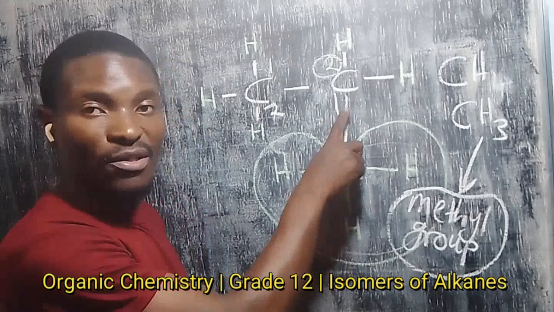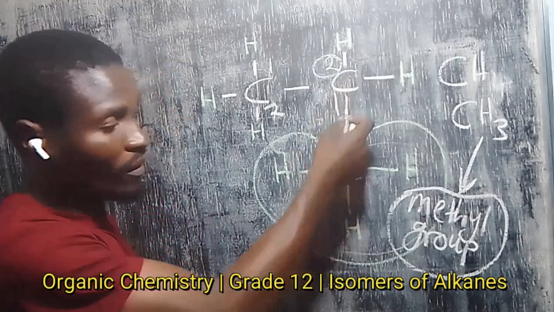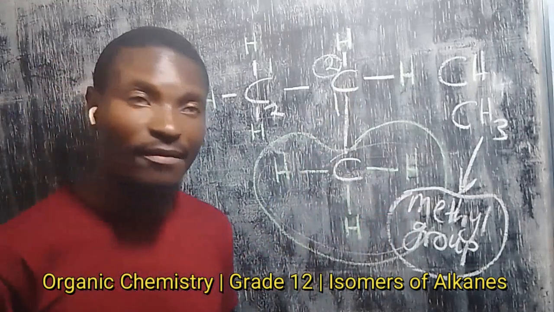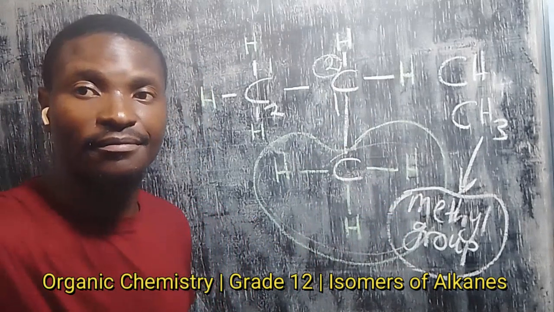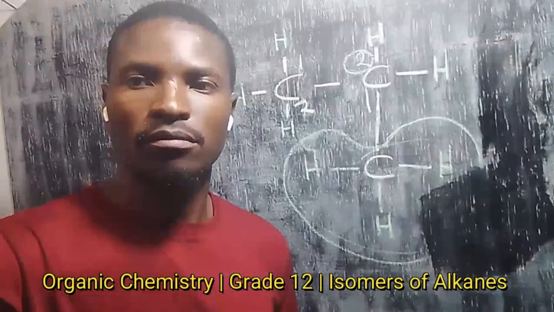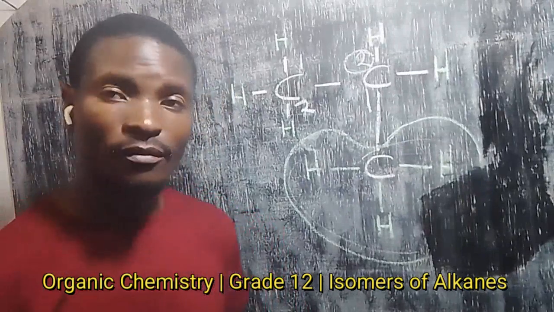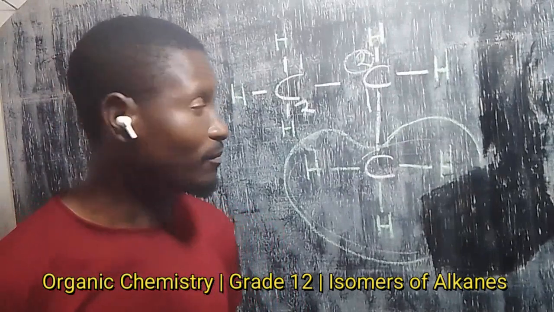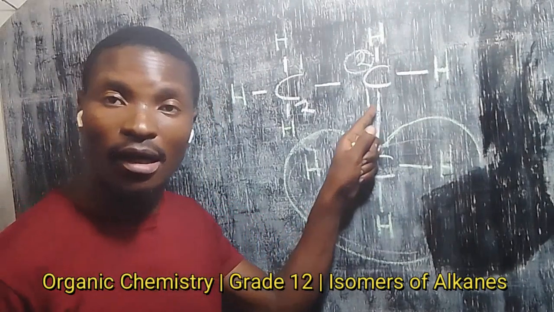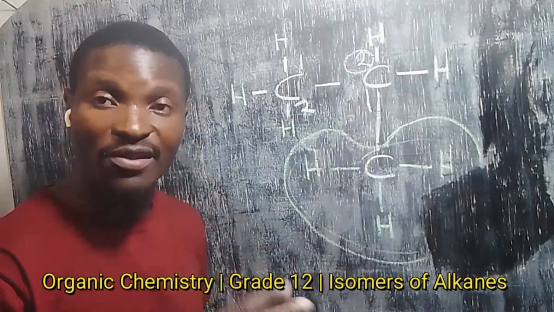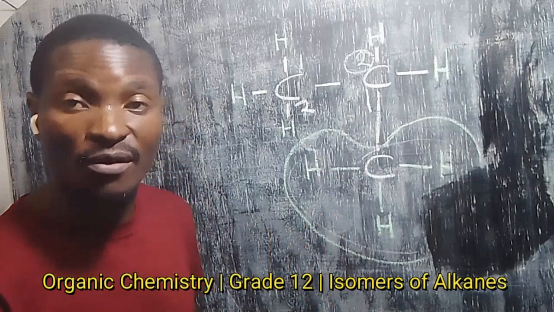Now, the position of the branching off is part of the naming system, the nomenclature system, that we have to understand. So what is the name going to be? We have identified that the branching is taken off at carbon number 1, which is the shortest way possible.